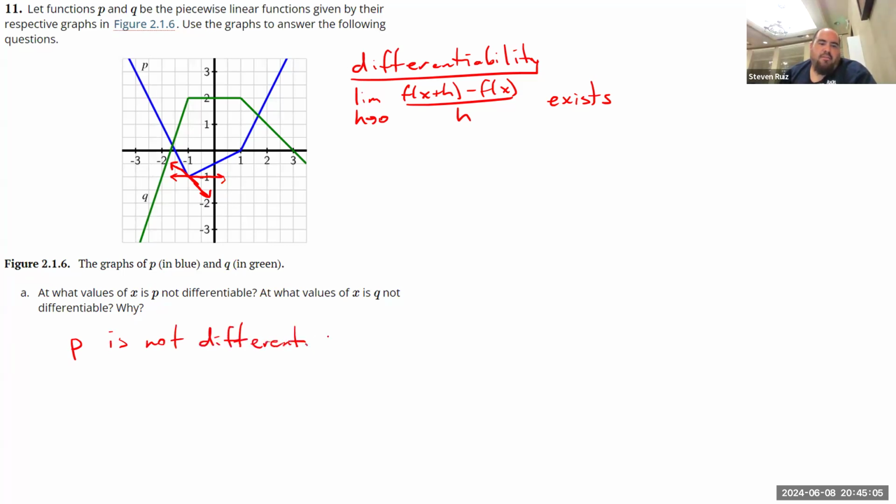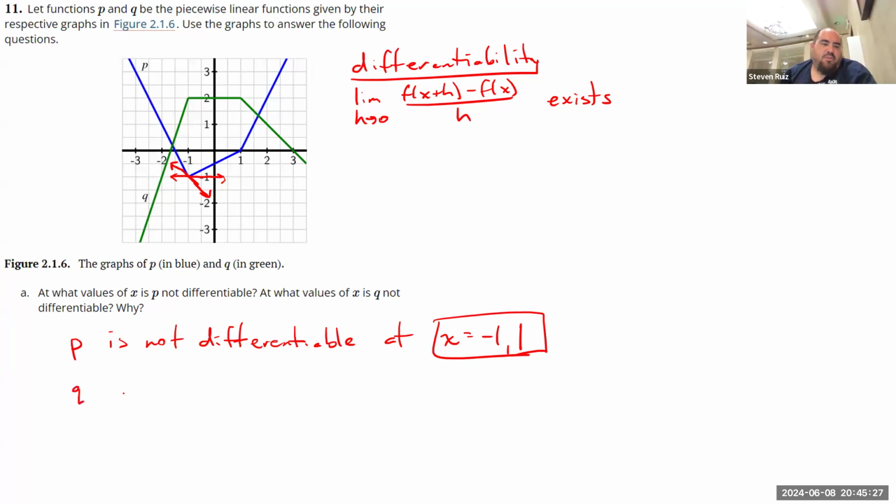So P is the blue graph, and the leftmost point where it's not differentiable is x equals -1. You're also going to have the same phenomenon at x equals 1. And I believe that's the complete list for P.